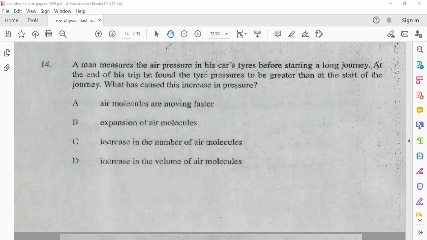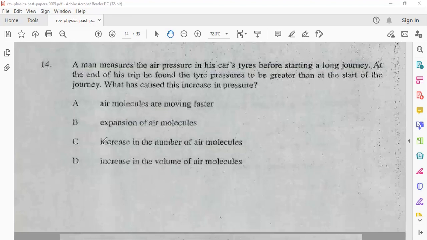Increases in pressure happen when air molecules collide more. So if the size of the tire didn't change, then we must be having more collisions.